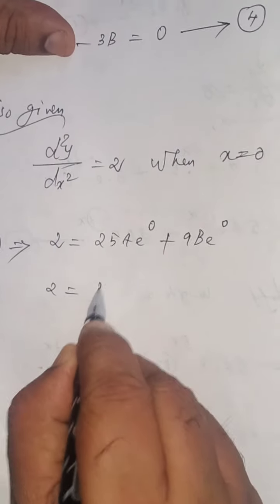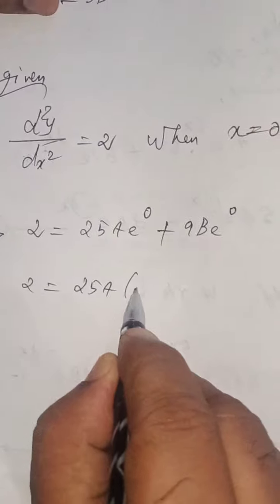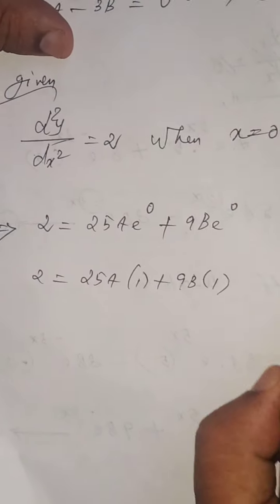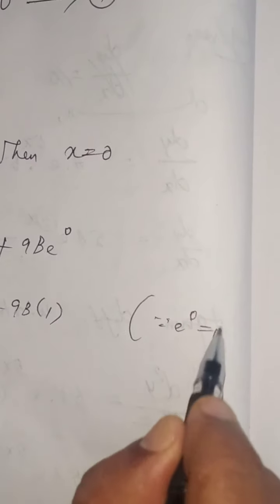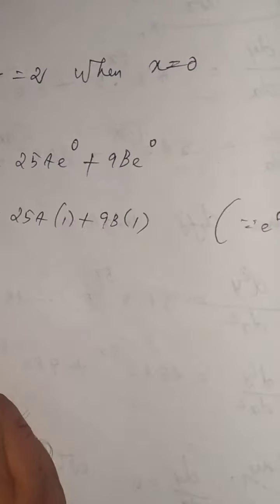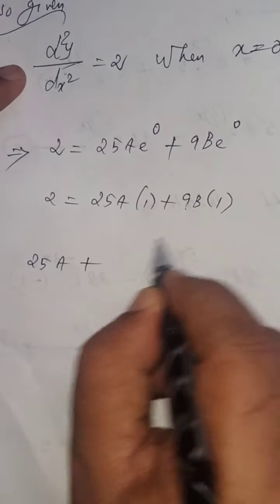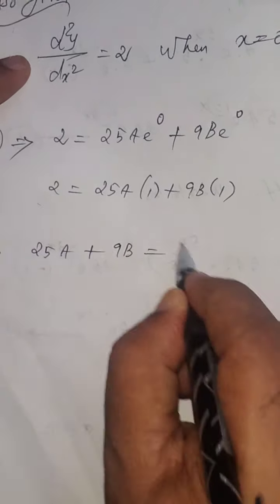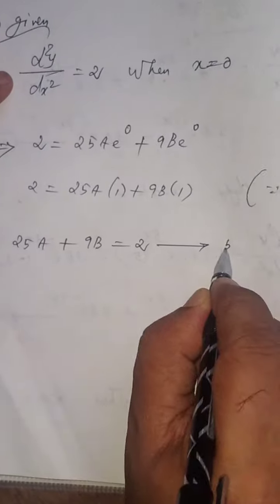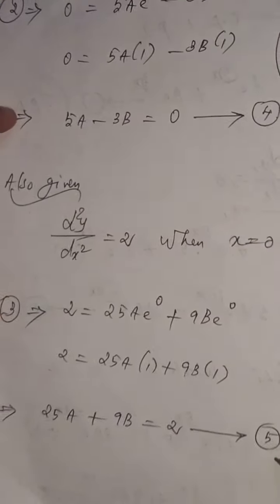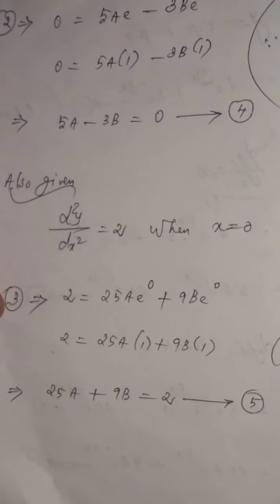Anything power 0 equals 1, so e power 0 equals 1. So we have 25a into 1 is 25a plus 9b into 1 is 9b, that is equal to 2. That is another new equation, equation number 5. I am going to solve equations 4 and 5 for finding the values of a and b.